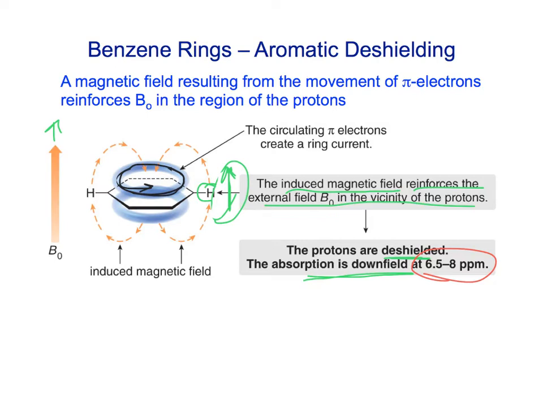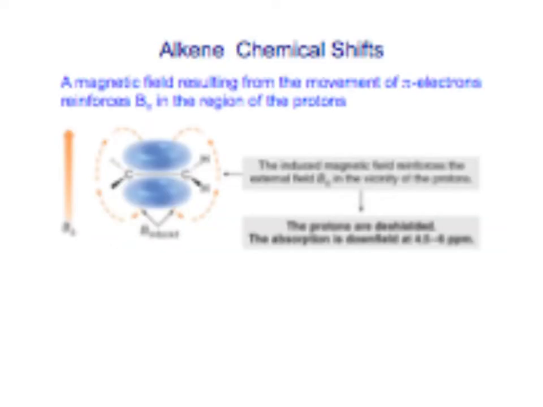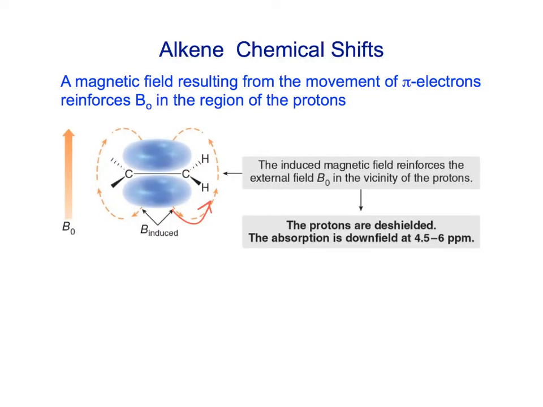Okay? So this is something in addition to just electronegativity. In alkynes, we have similar situations. For alkenes, they show that it orients horizontally like this in the magnetic field. Here are these magnetic field lines going like this, and again, in the region of the protons, this induced or local magnetic field is also aligned with the external magnetic field.